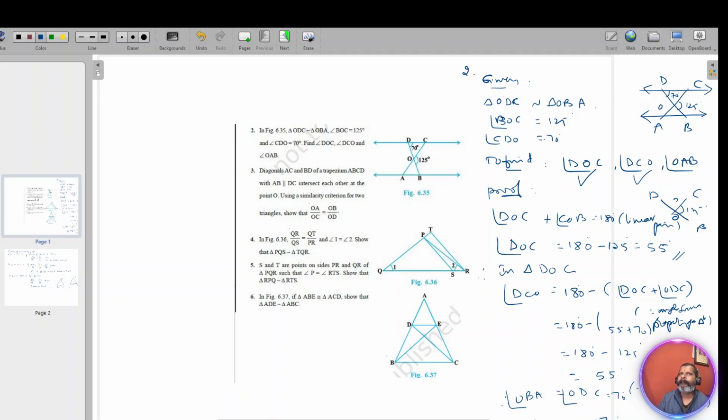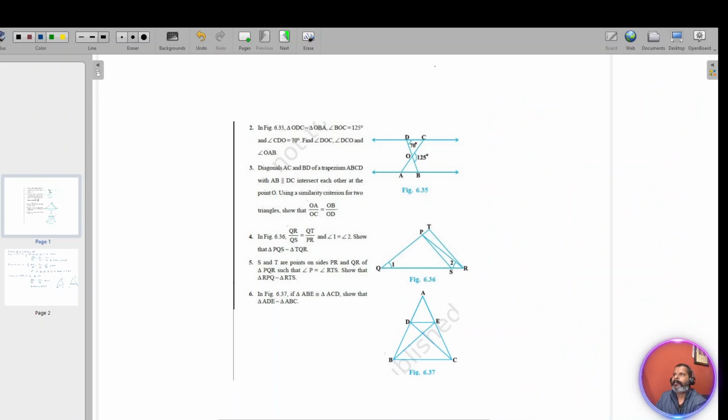Okay. 125 is given and 70 is given. Yeah, perfect. This similar triangle knowledge is used in the calculation of OAB only. Normal DOC we found by linear pair, which we learned in the previous classes. We'll move to the next question.